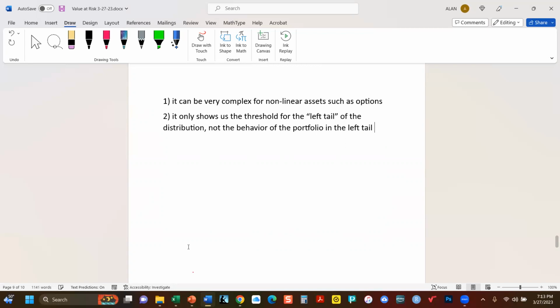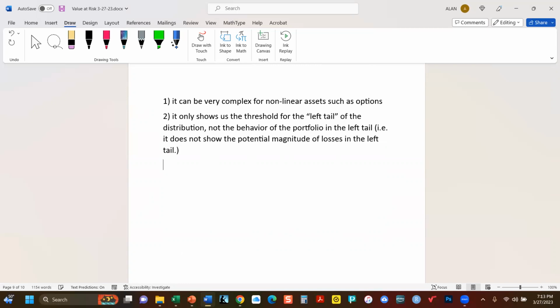In other words, what we're worried about is that it does not show the potential magnitude of losses in the left tail.